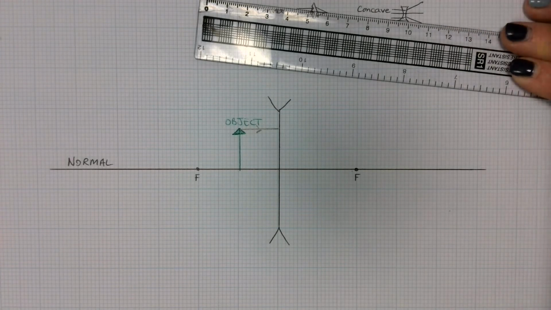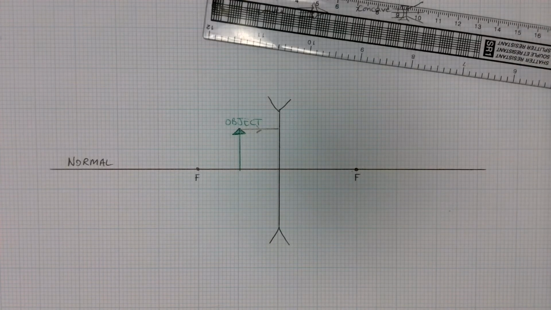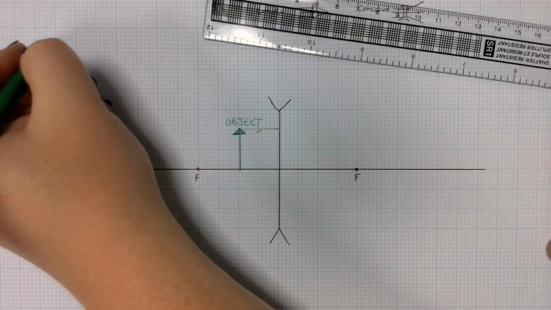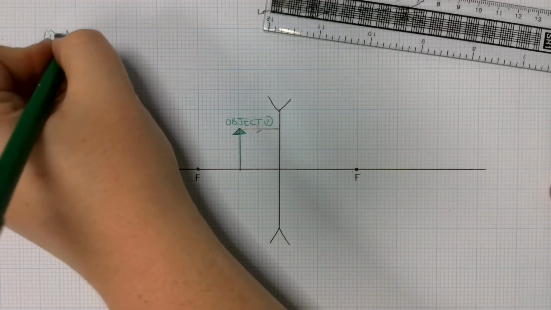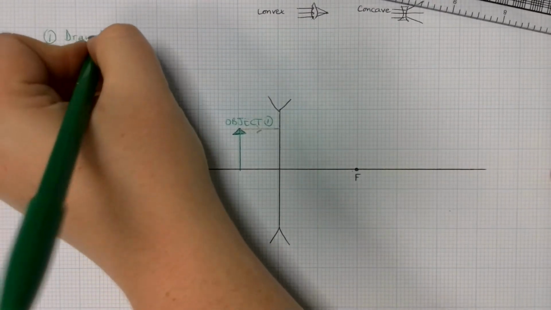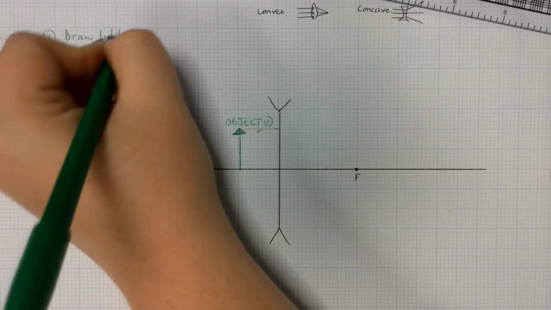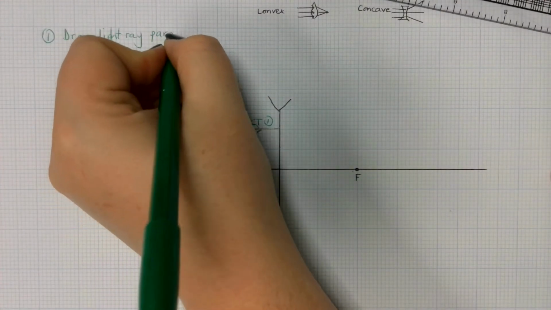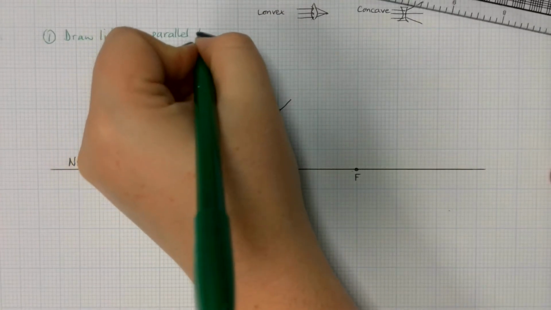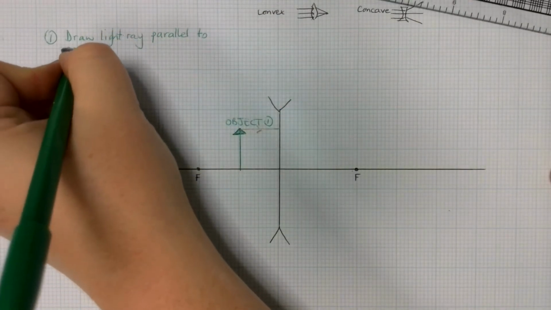Okay, so I'll write step by step. I'm going to do it up here. So first thing we did was draw light ray parallel to the normal.